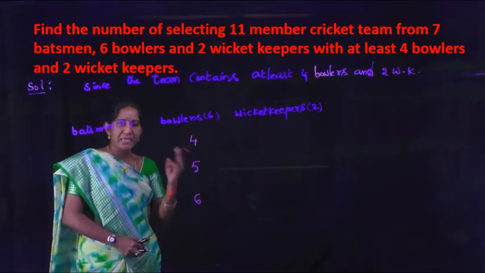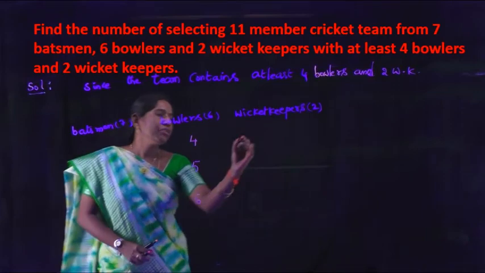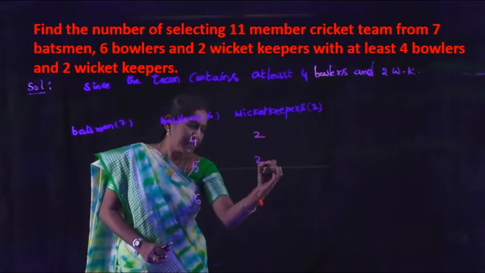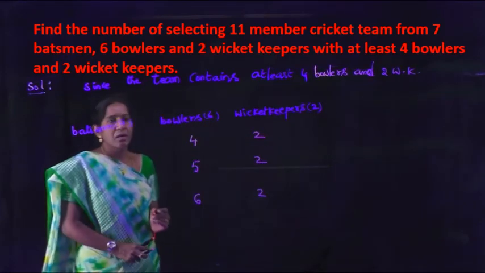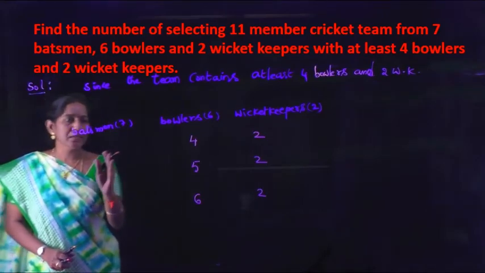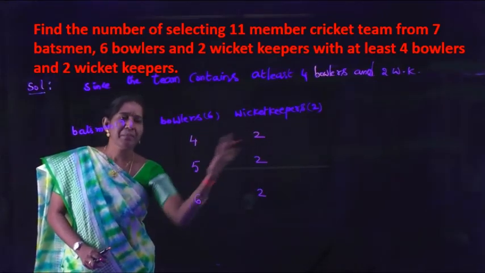So there will be 3 cases. And wicket keepers, 2 wicket keepers. We have to form a team of 11 members.